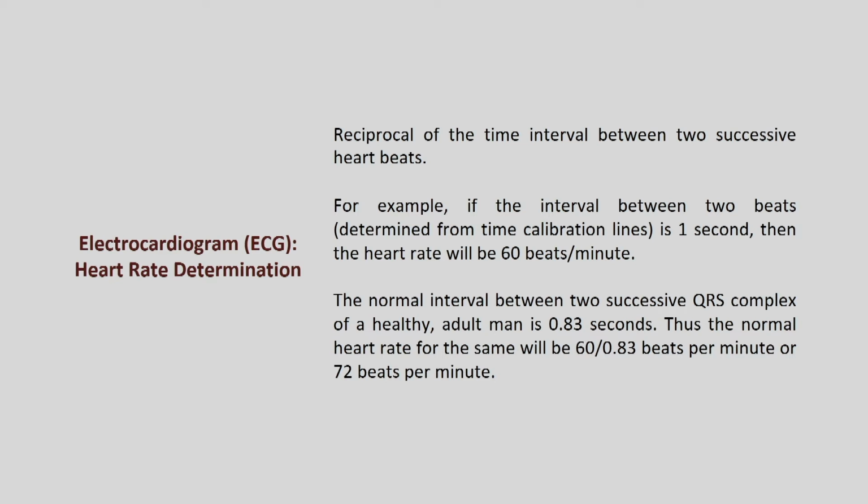But if the interval between two successive QRS complexes is around 0.83 seconds, then that is your normal heartbeat, 72 beats per minute. So, 60 divided by 0.83 comes to around 72. So, 72 beats per minute is the normal heart rate.